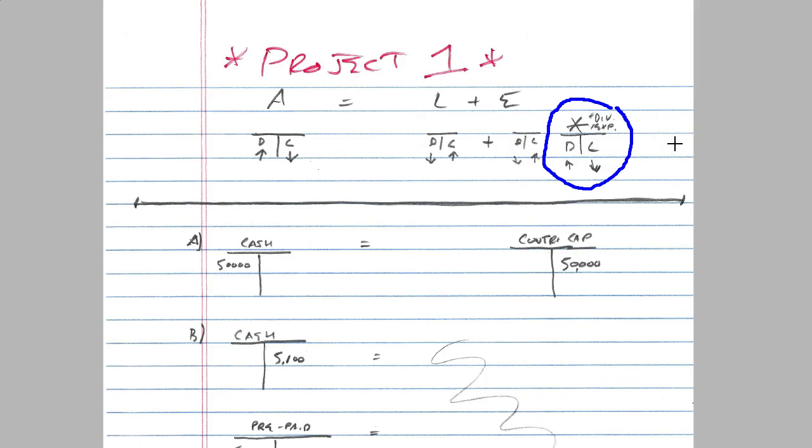Expenses operate the opposite. So I always make a note to myself, the expense, also something called dividends, but we're not getting much into that at all, will operate that way as well. But expenses, you've seen quite a bit throughout projects 1 and 2. So with an expense, a debit is going to increase that account and a credit is going to decrease that account.